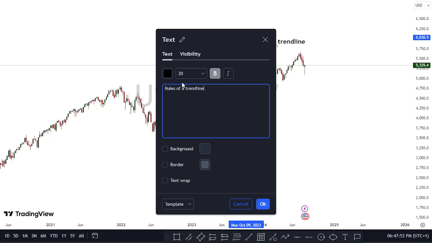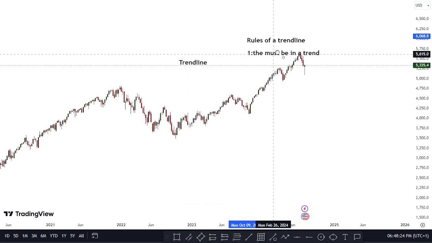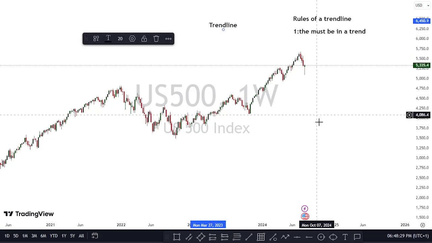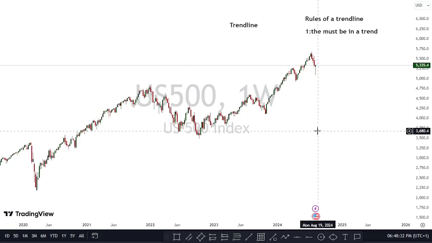The first rule is that the chart must be in a trend. It must be of a trending market. You can't just put it in a ranging market.